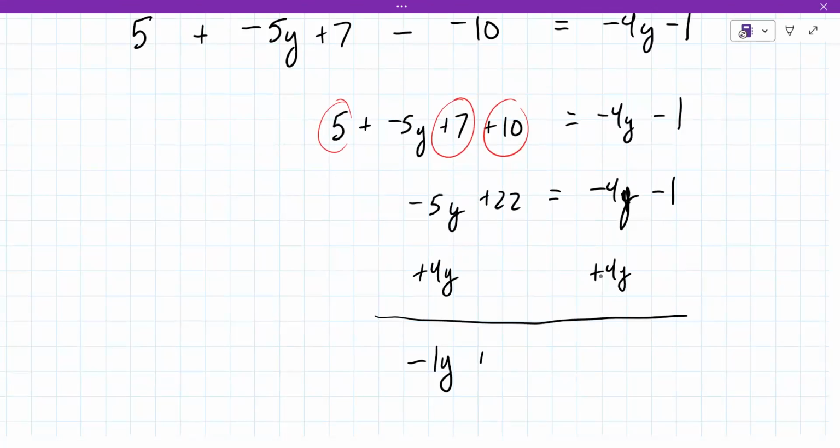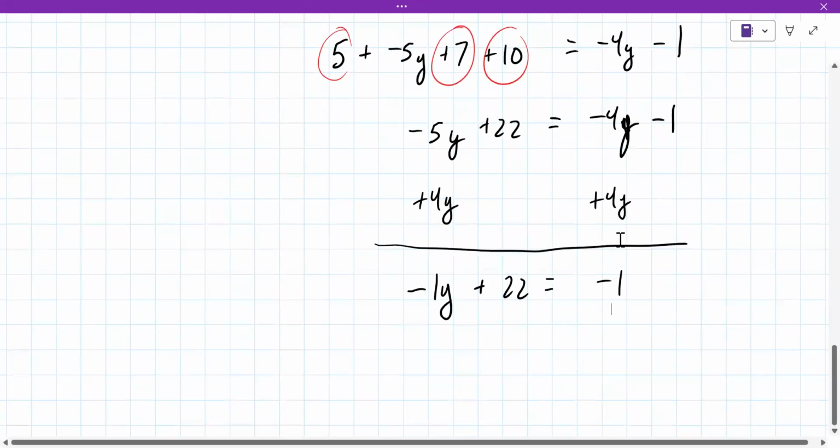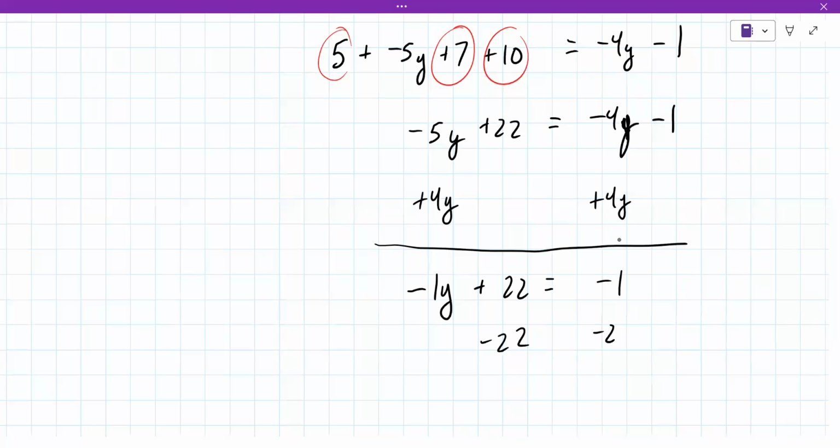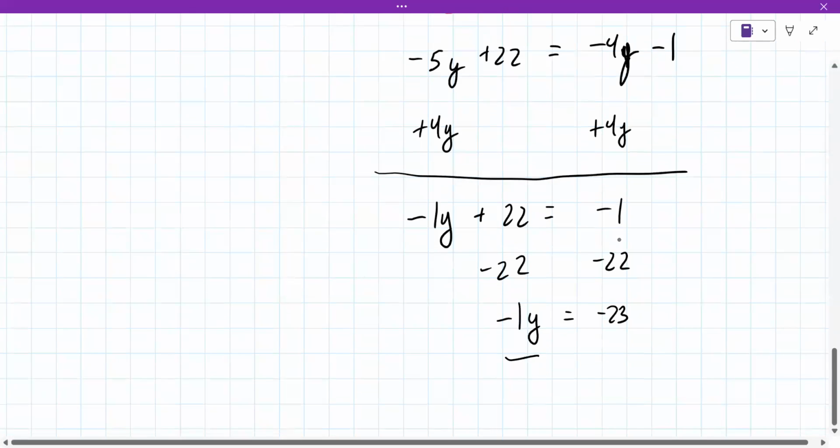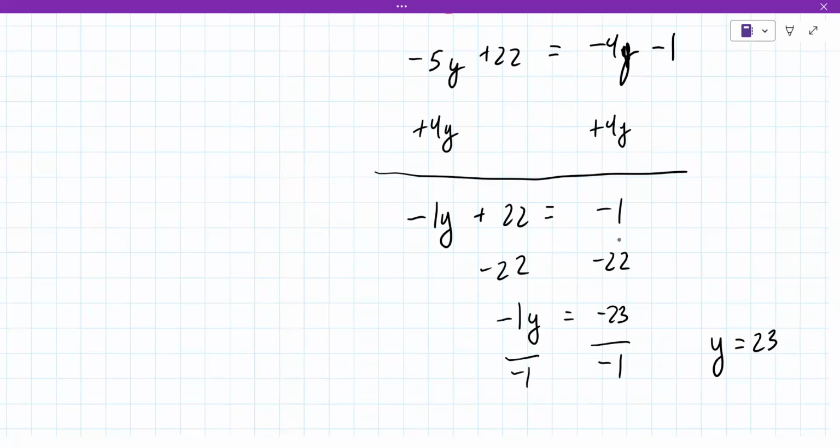So you have -1y plus 22 equals -1. Subtract 22 from both sides. That leaves you with -1y equals -23. And then divide by -1. So y equals 23.